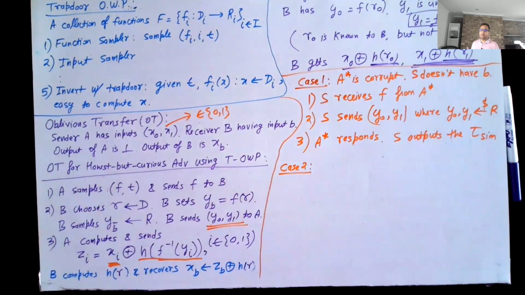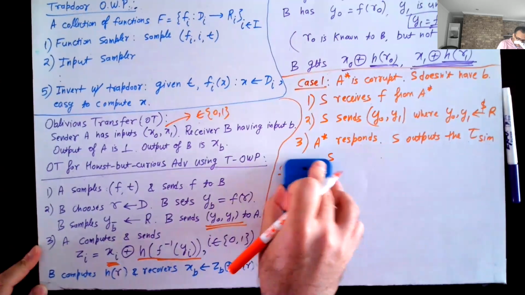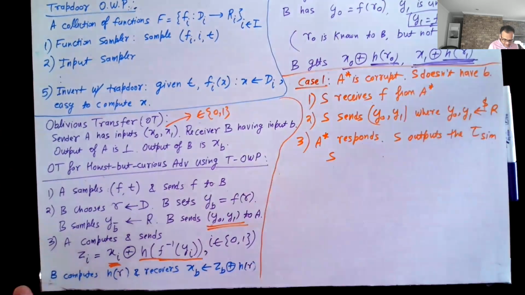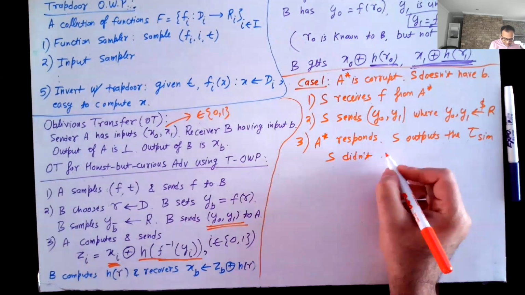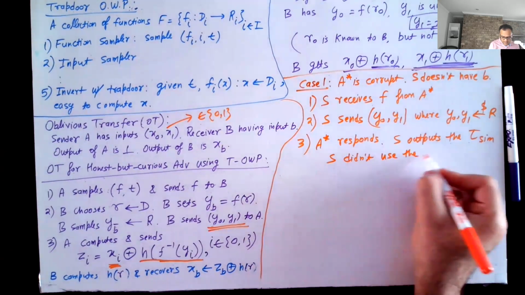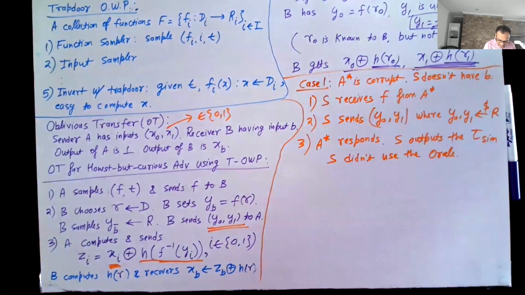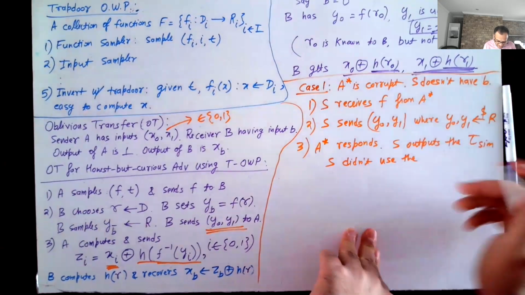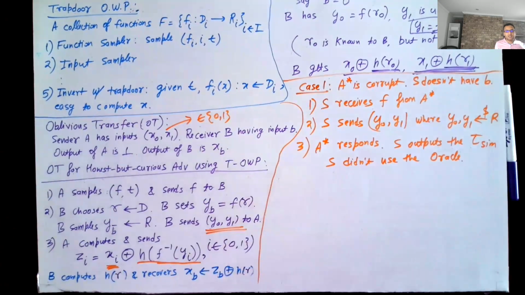And note that the simulator S did not even use the oracle. In fact, it doesn't even make sense for the simulator to use the oracle in this case, because the adversary A star receives no output in the protocol.